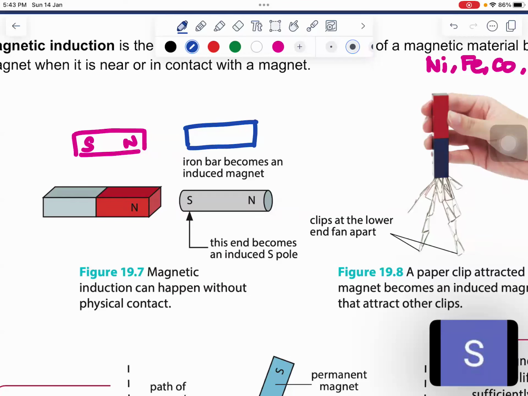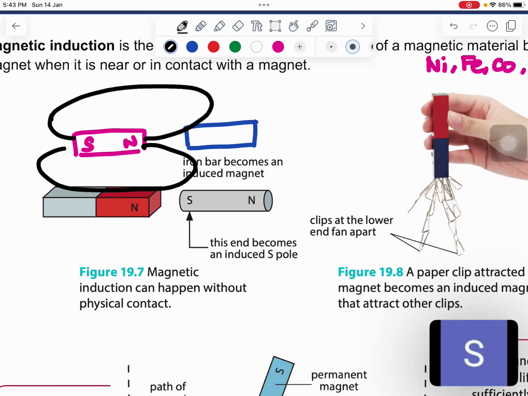Because of its magnetic field coming out from the magnet, you realize that drawing the magnetic field is similar to how we do for electric field. This magnetic field causes the domains or electron spin to point in a certain direction, inducing the magnetism in the magnetic material.